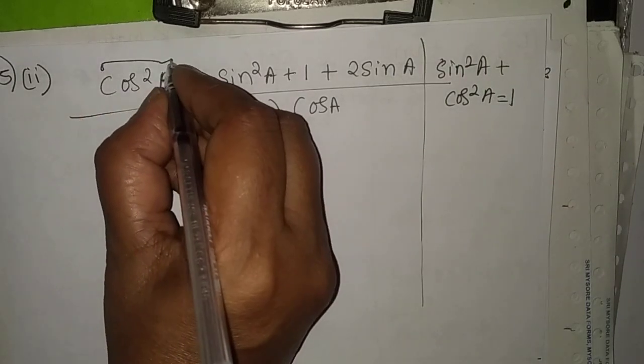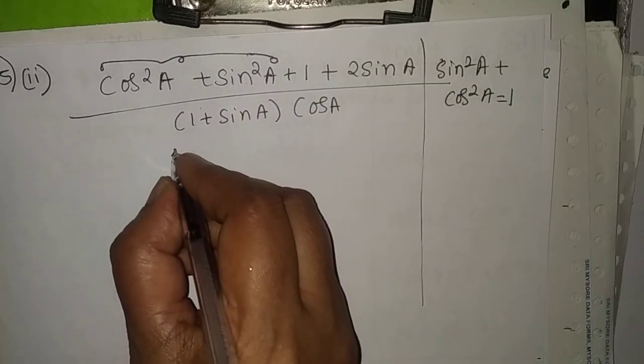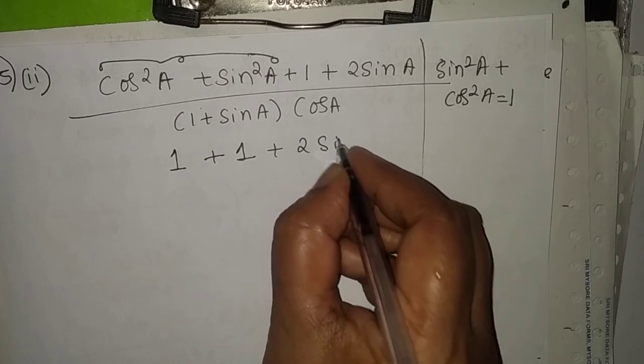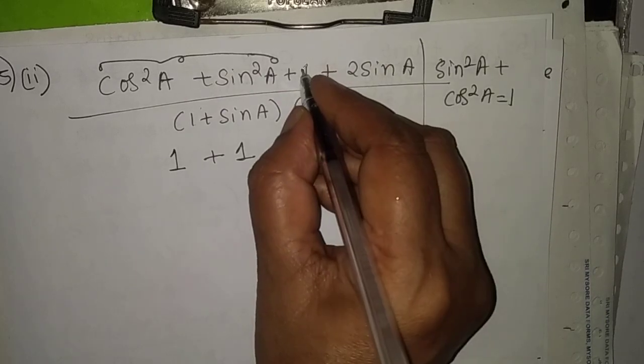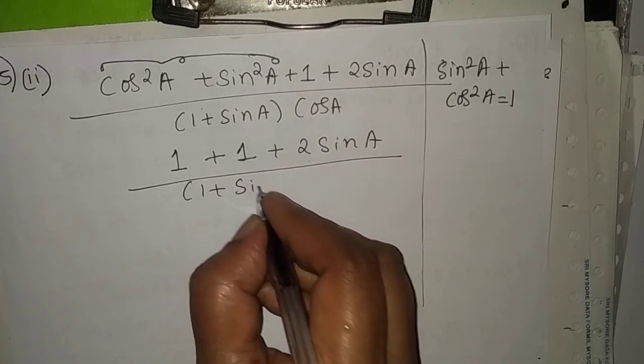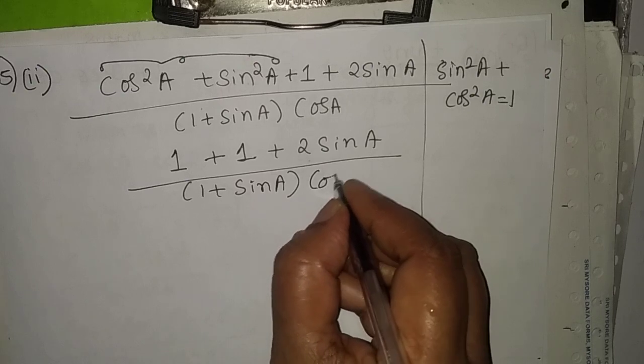So take these two and apply sin square A plus cos square A equals 1. So 1 plus 1 plus 2 sin A by 1 plus sin A into cos A.